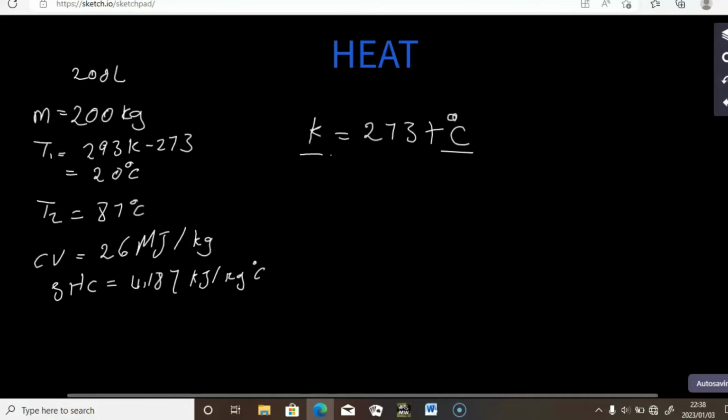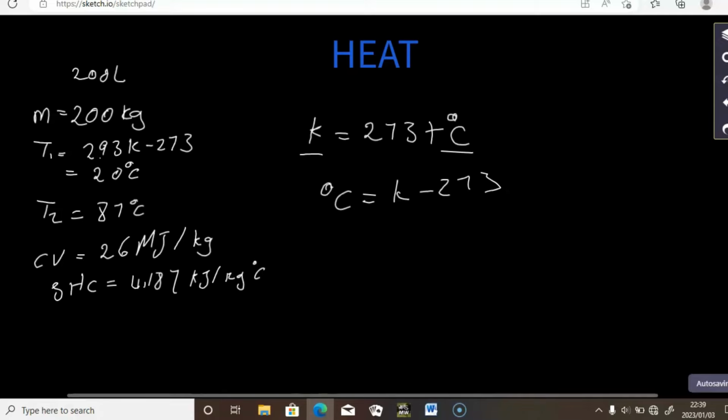The difference is that if you are given a number in degrees Celsius and you want to convert it to Kelvin, you have to add 273. So if you have Kelvin and you want to convert to degrees Celsius, you have to take the Kelvin and minus the 273. This is the formula that you have to know.